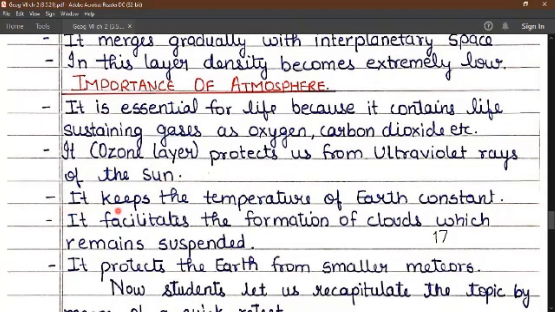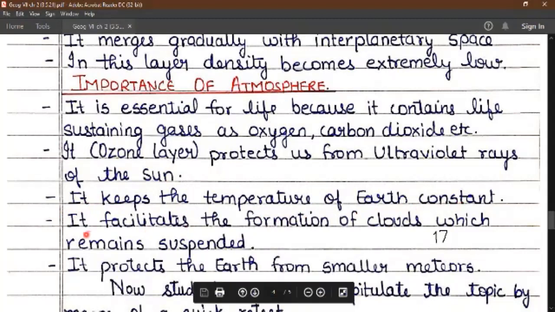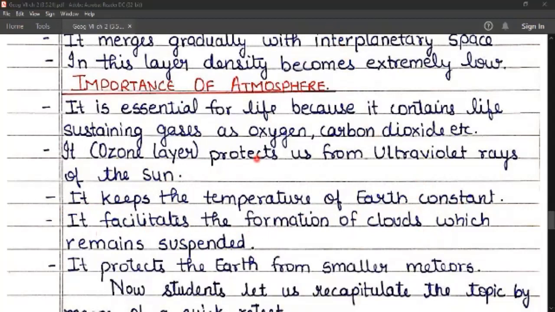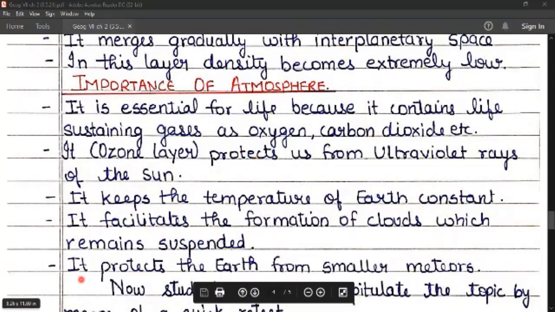Number 3, it keeps the temperature of the earth constant. It doesn't allow the earth to be very warm or very cold. Atmosphere facilitates the formation of clouds, which remain suspended in the atmosphere. Atmosphere protects the earth from smaller meteors.